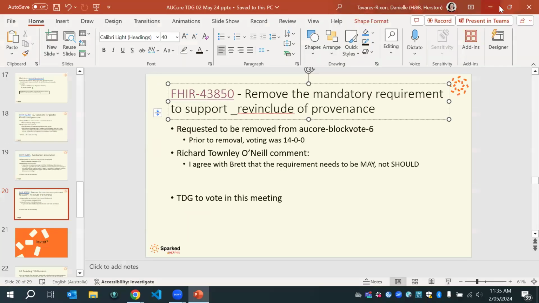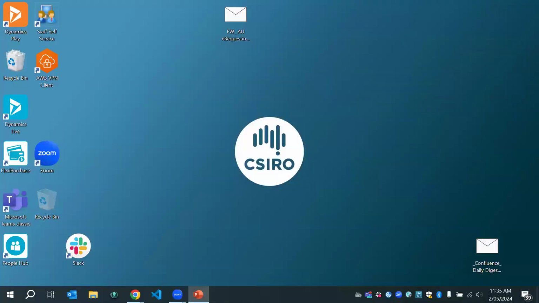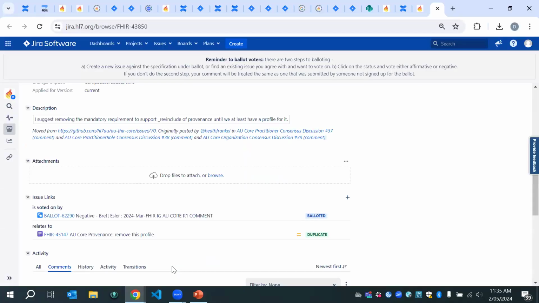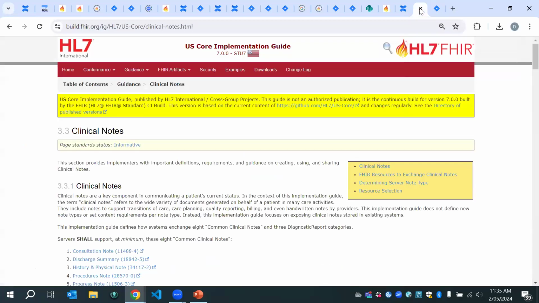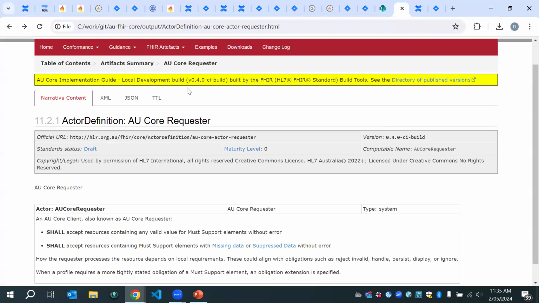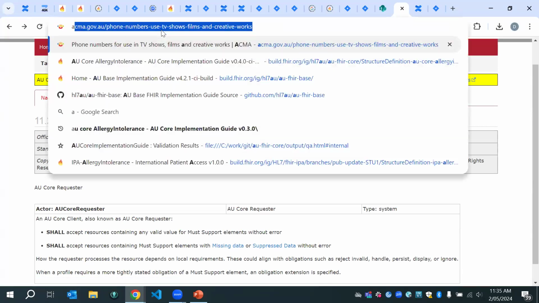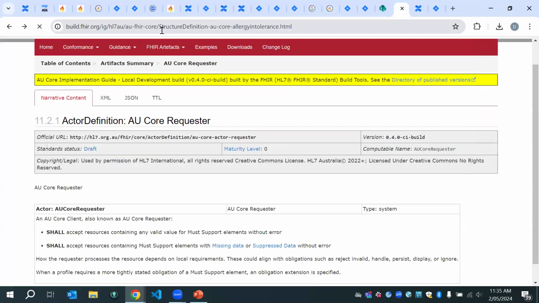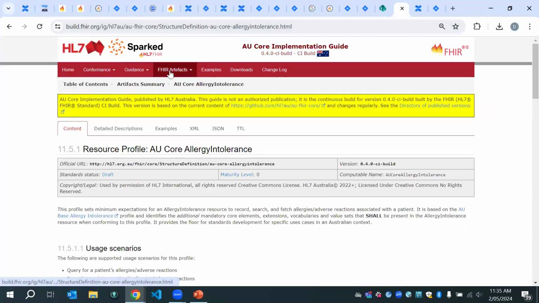Okay, no worries. So the draft of AU Core we've got has AU Core provenance in it. So there is an AU Core provenance profile. It is a should support, but not mandatory to support, as defined in our capability statement.